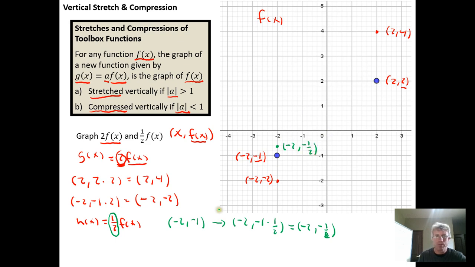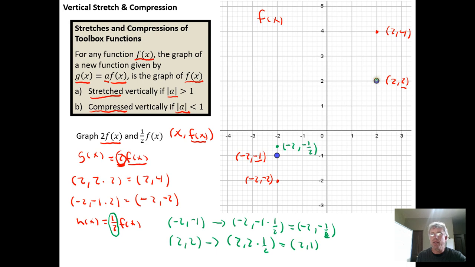And this other point, the point 2, 2, is going to get mapped to the point 2, 2 times 1/2, because again we're multiplying by a half, which is equal to the point 2, 1.